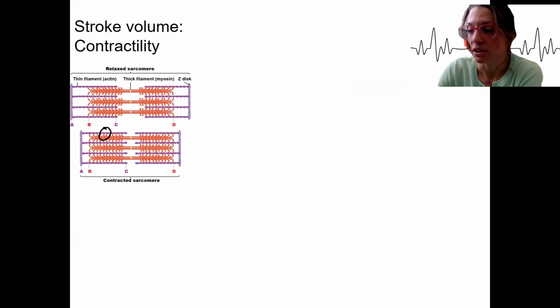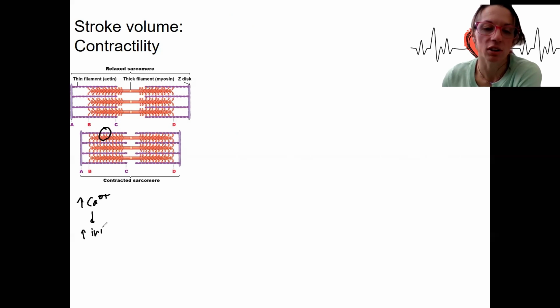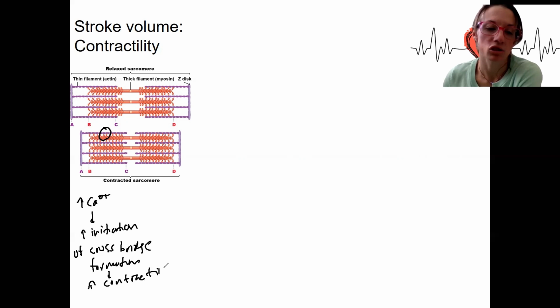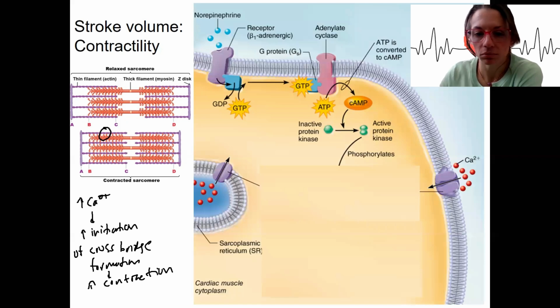So what we need you to get is increased calcium inside the cell so that we have increased initiation of cross-bridge formation and increased contractility, contraction. So we're going to have a cell here. This would be a cardiac muscle cell, right?